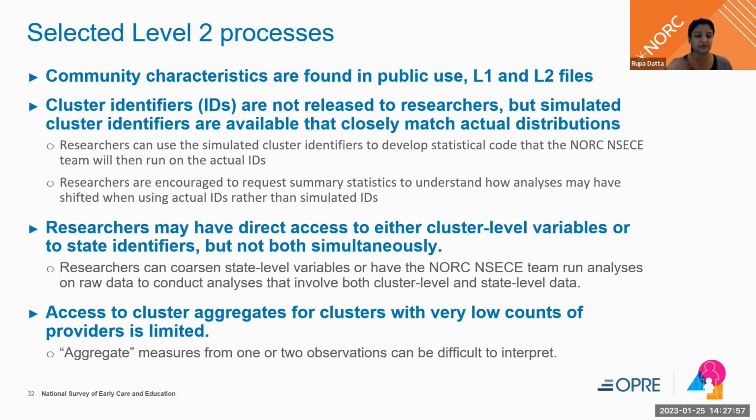At this point, we've had hundreds of people use level 2 access. And so we've learned a lot, hopefully, about how to effectively support researchers, and we learn a lot from the creativity of researchers. Cluster IDs aren't released directly to researchers to protect against disclosure, but we provide a simulated cluster ID that's almost as good.